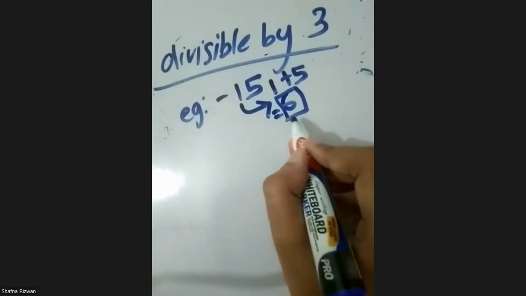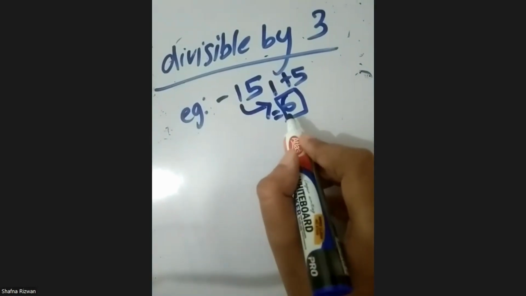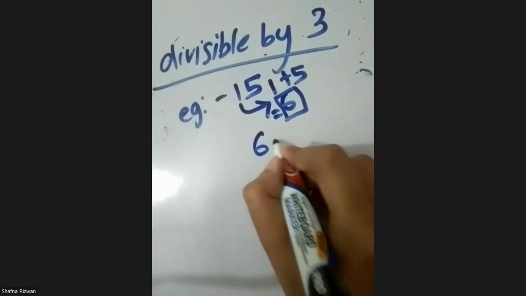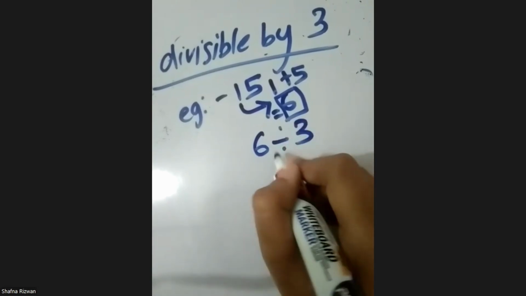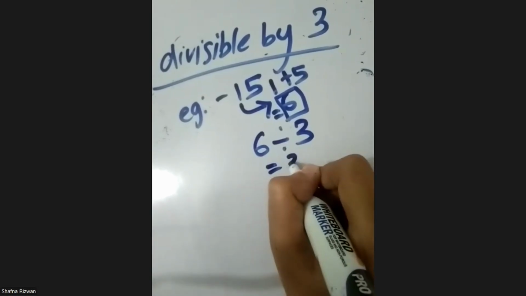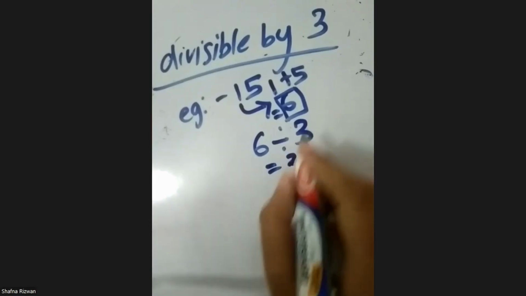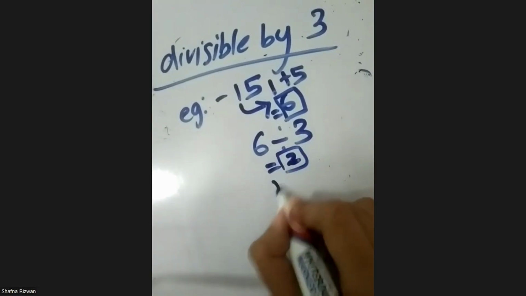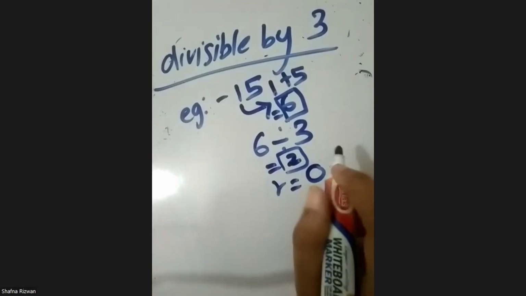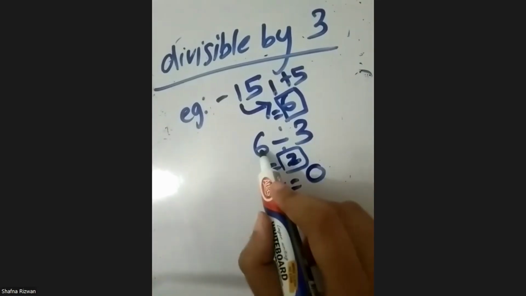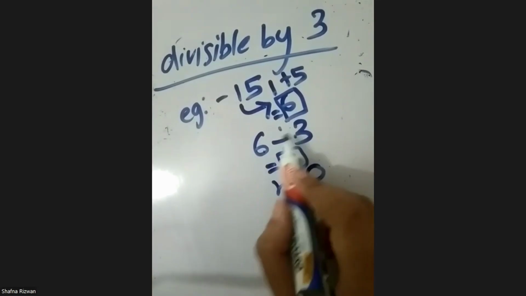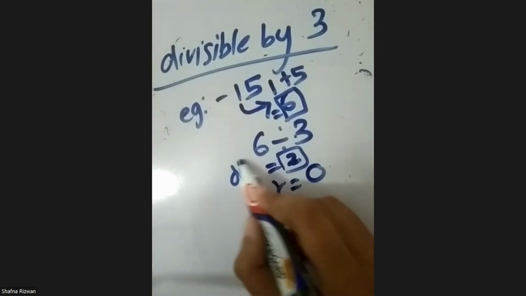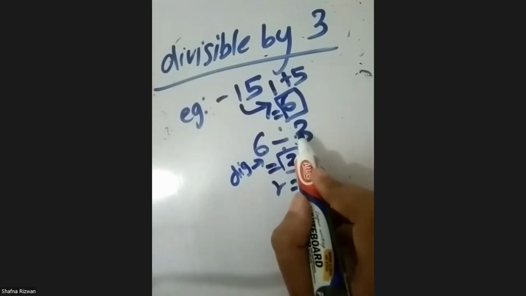So now tell me whether this digital root is divisible by 3 or not. Yes, if you divide 6 by 3, you get 2. That is a whole number, so your remainder will become 0. So what can you say? The digital root 6 is divisible by 3.